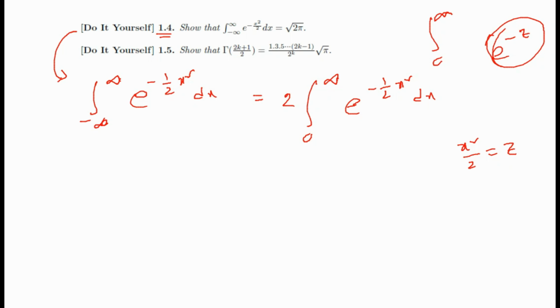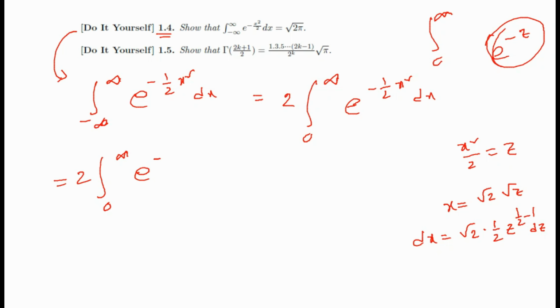So x square by 2 equal to z. So what will be our x? x equal to root 2 into root z. So dx will be root 2 into half z to the power half minus 1 dz. Now 2 times the integration 0 to infinity. As you can see, the limit doesn't change. So for x and z it will be the same, e to the power minus z, and the dx value will be root 2 by 2 z to the power half minus 1 dz.